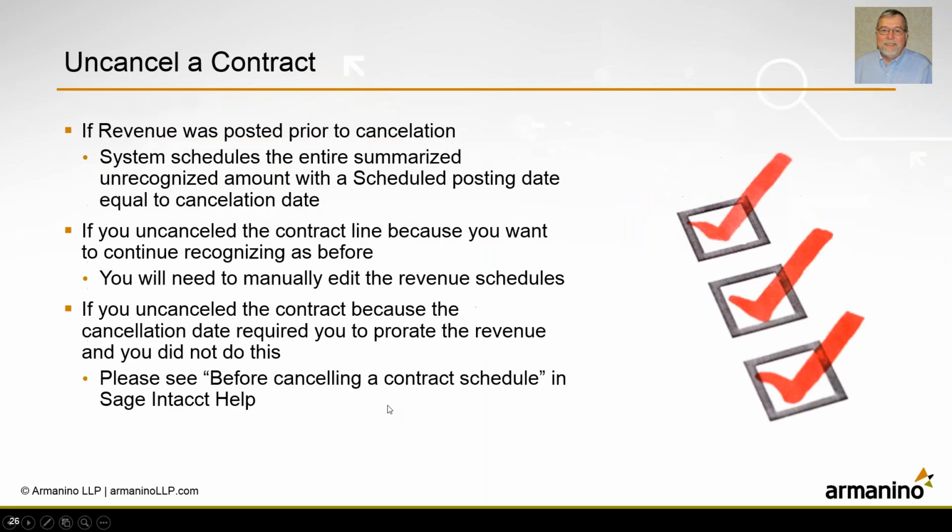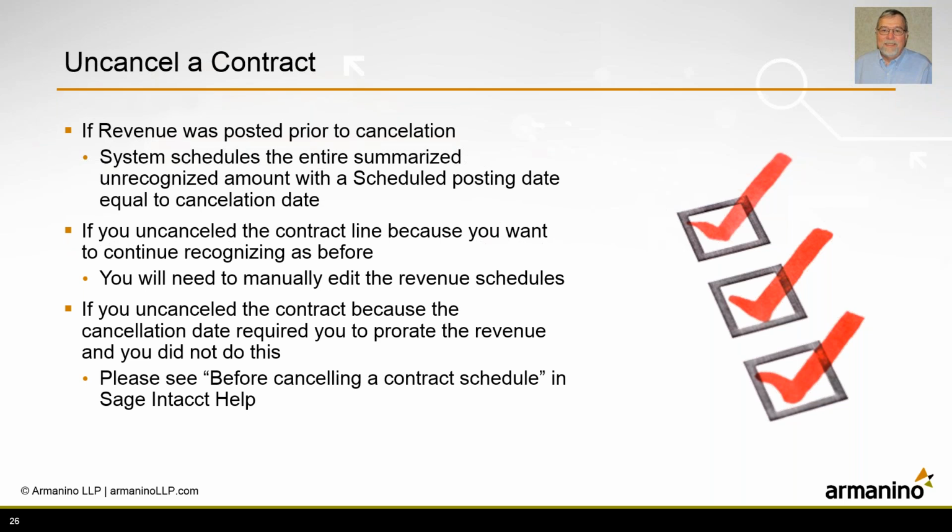One of the key takeaways is that if revenue was posted prior to cancellation, the system is going to summarize the unrecognized amounts with a scheduled posting date equal to the cancellation date. And if you uncancel the contract line because you wanted to continue recognizing as before, you're going to need to go in and manually edit the revenue schedules and get them set up the way you want.